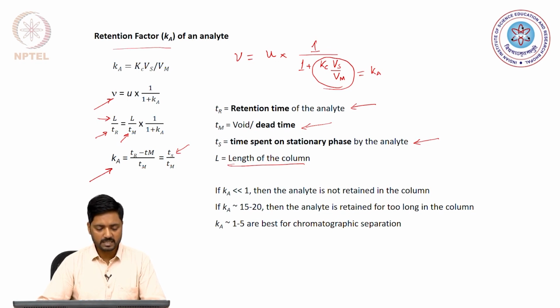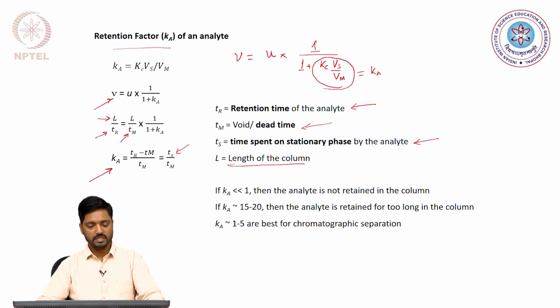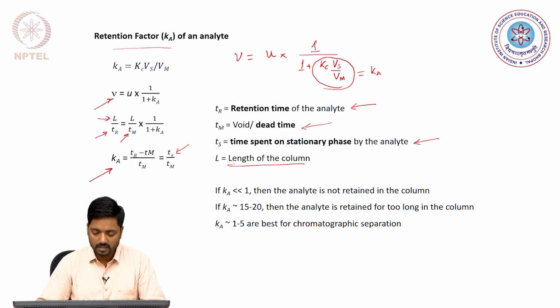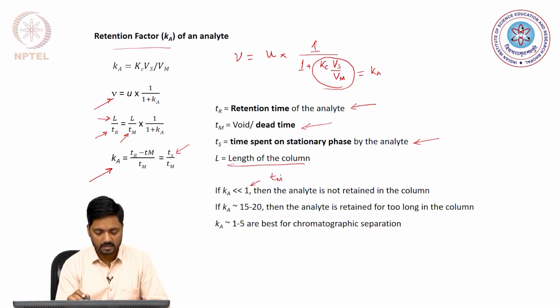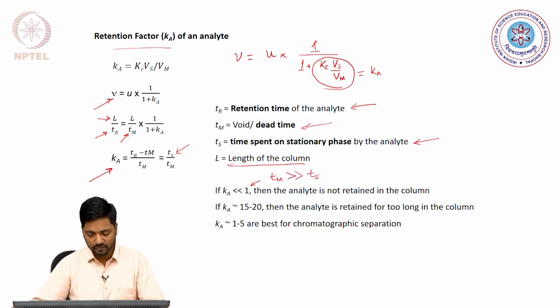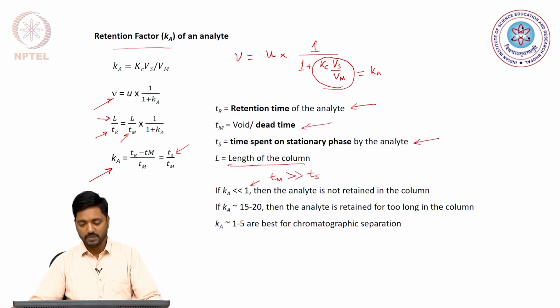So, if this fraction is much less than 1, then we are implying that the analyte is spending much more time on the mobile phase, or is eluting out with the mobile phase.